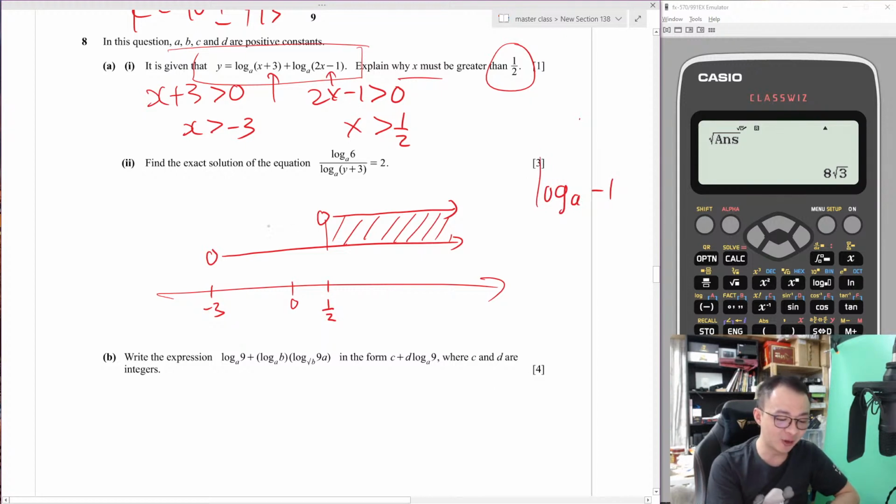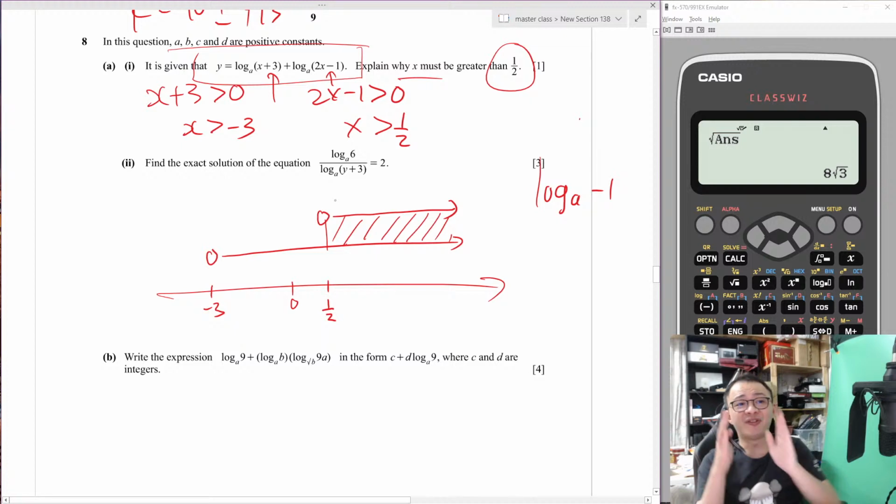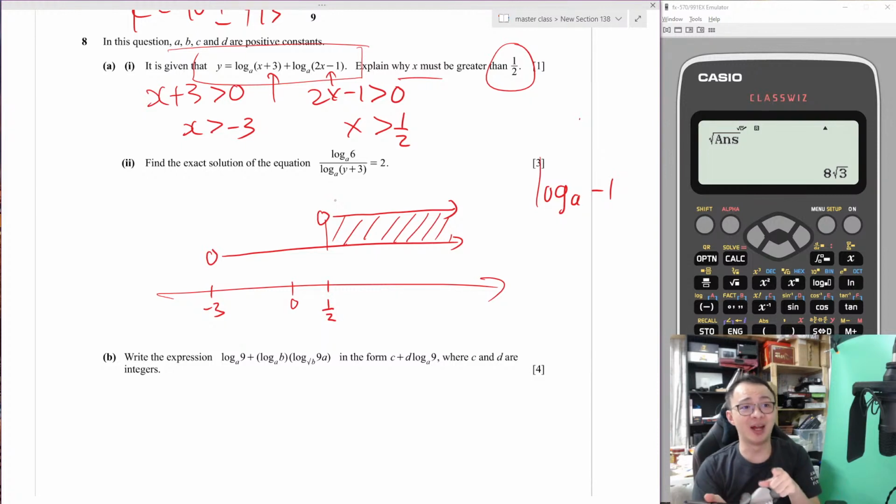So we cannot take any number in between. We need to find the area both of them pass through, which is the common share. This is why some students might ask, sir, why can't I take x bigger than negative 3? You can't. Because with x bigger than negative 3, the first log will not get a math error, but the second one will still get a math error. So x must be bigger than 1 over 2. Okay? I hope I make you understand this.